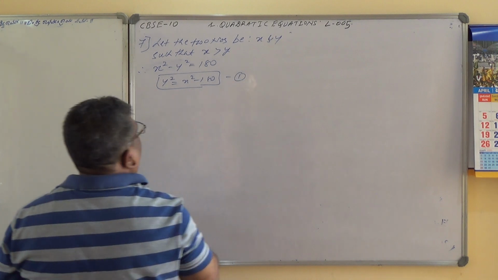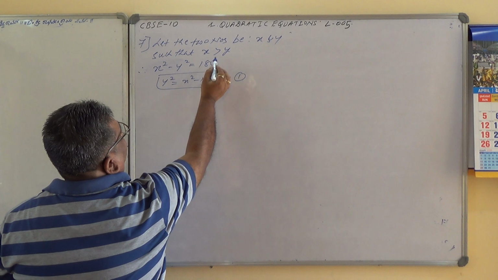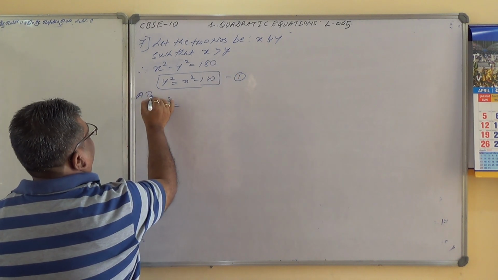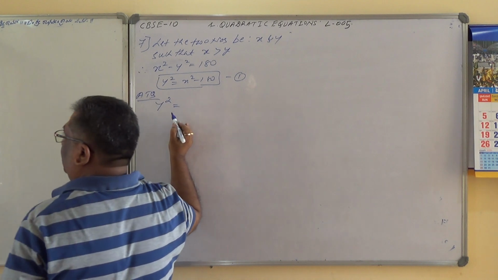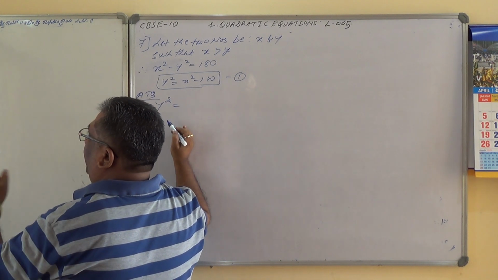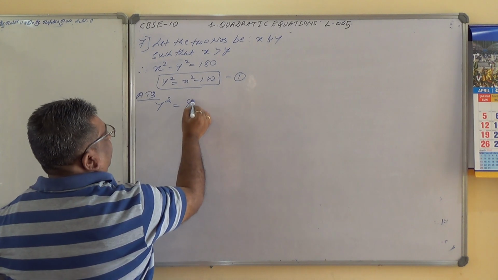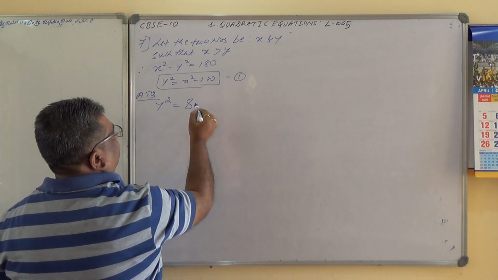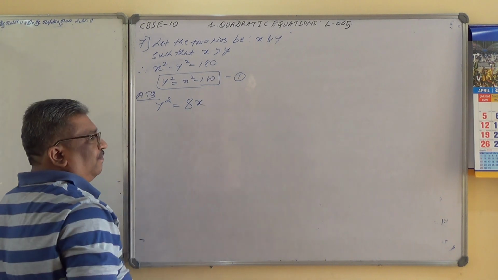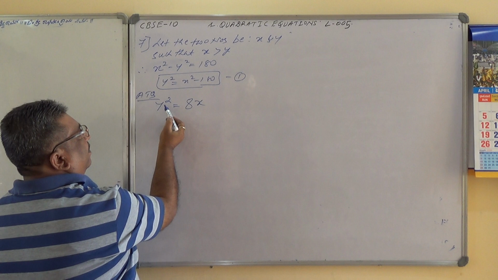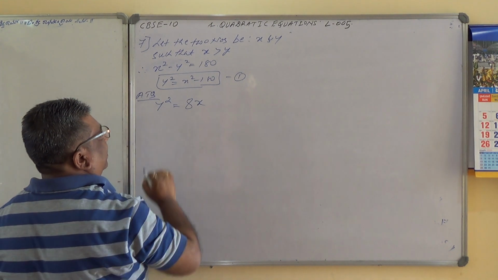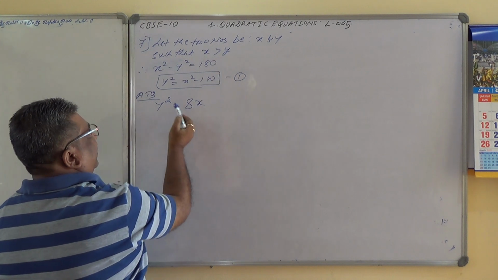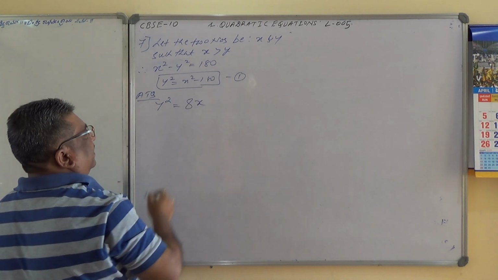The square of the smaller number: where is the smaller number? Y. According to the question, the square of the smaller number, y square, is 8 times the larger number x. It is not square here. Smaller is y, square equals 8 times larger, which is x, 8x.